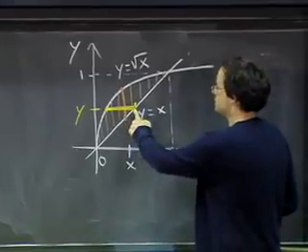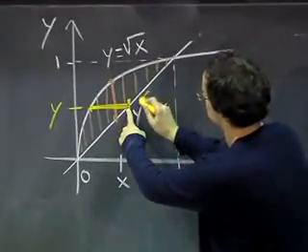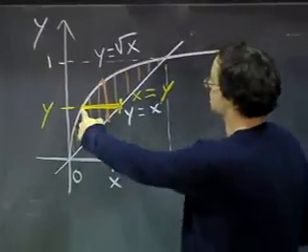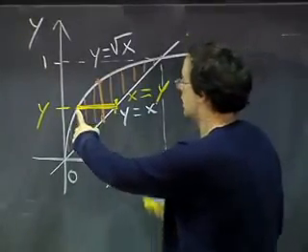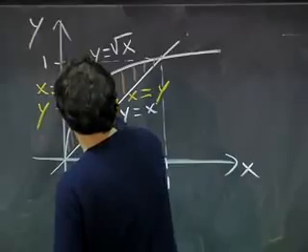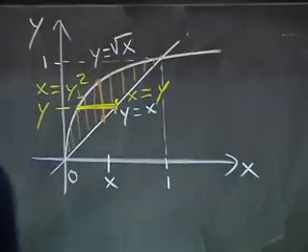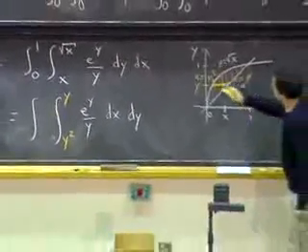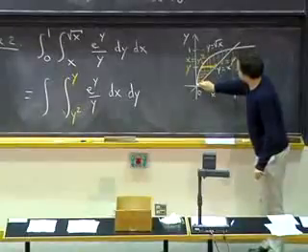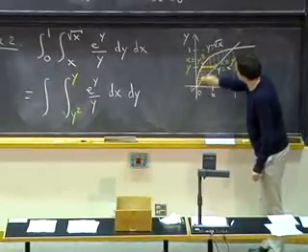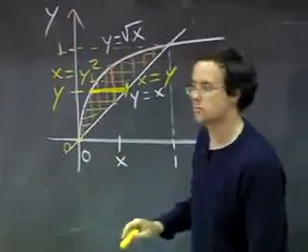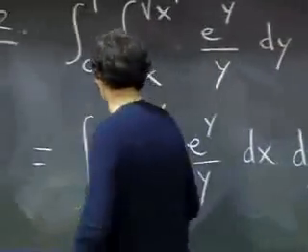What's the value of x here? Let's start with the easy one. This is x equals y. What about this one? It's x equals y squared. So x goes from y squared to y. And then what about y? I have to start at the bottom of my region, that's y equals 0, to the top, which is y equals 1. So y goes from 0 to 1.